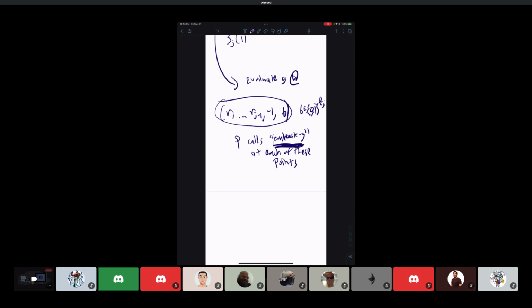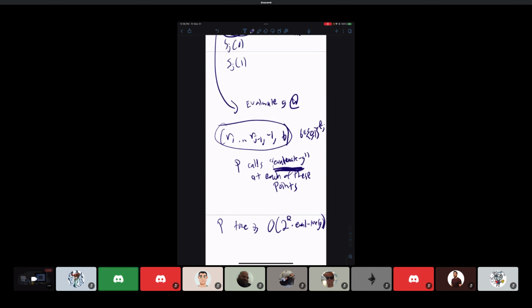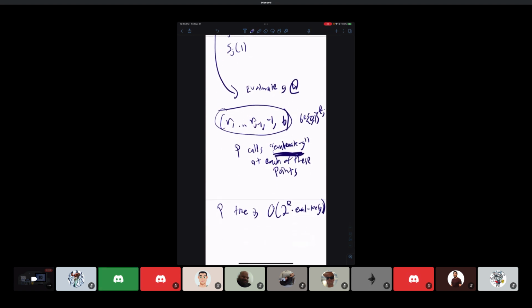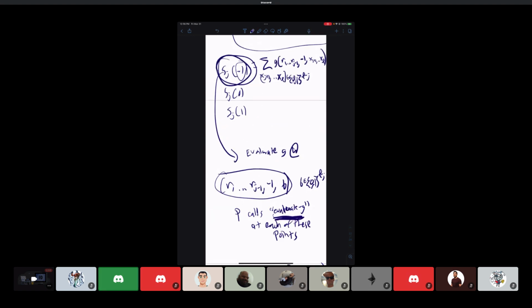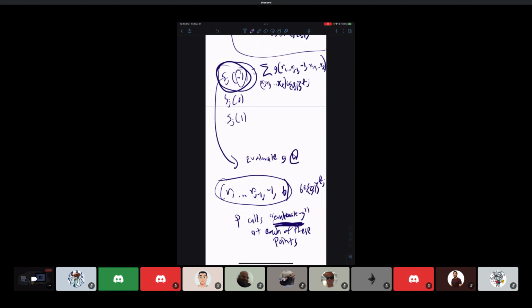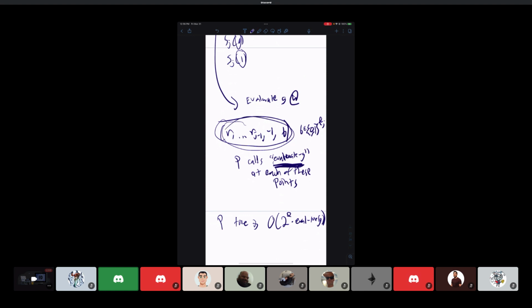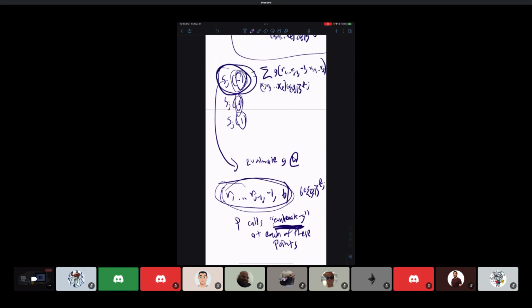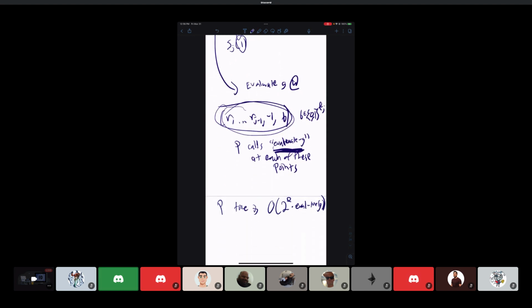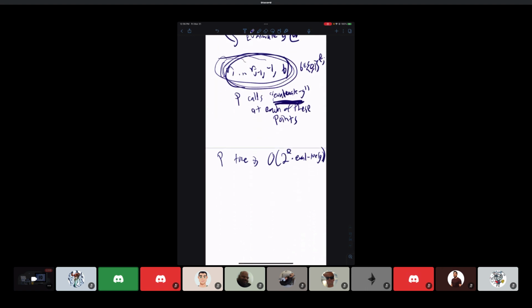And that's what lets me make statements like the prover time is order 2 to the l times the evaluation time of G. Because in each round, the prover needs three evaluations, and each of these three evaluations is obtained by evaluating G at points of this form and summing the results.